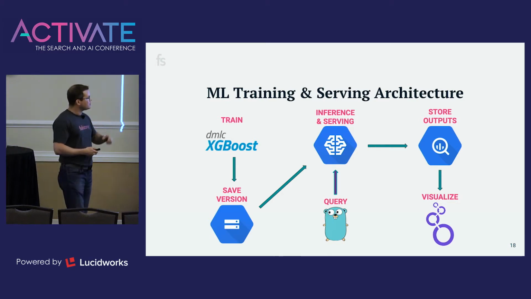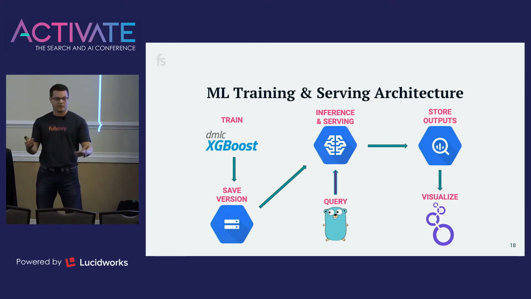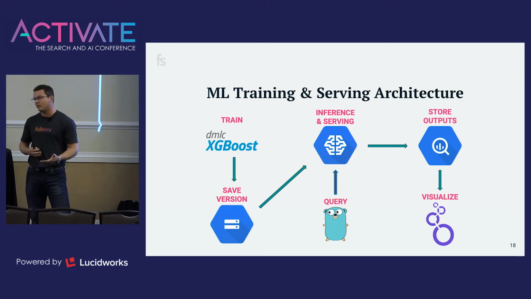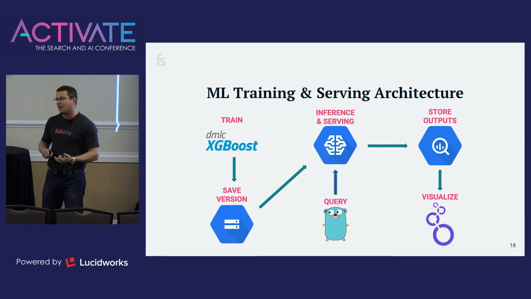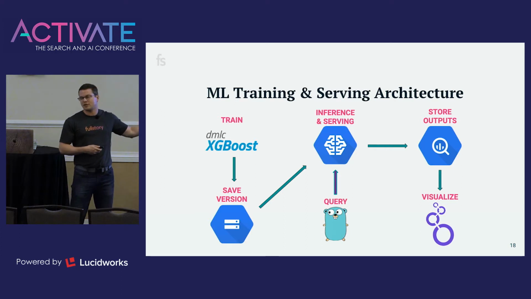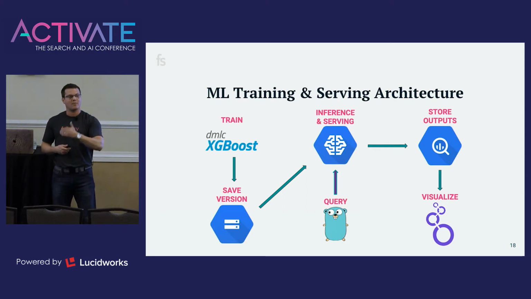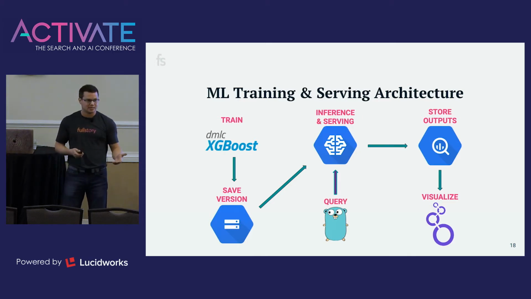Then we use Google's AI platform prediction service to actually serve the model because it offers a number of helpful features such as auto-scaling and logging. In turn, all we have to do is register our newly trained model with the service by giving it the path to where the model file is stored in GCS.